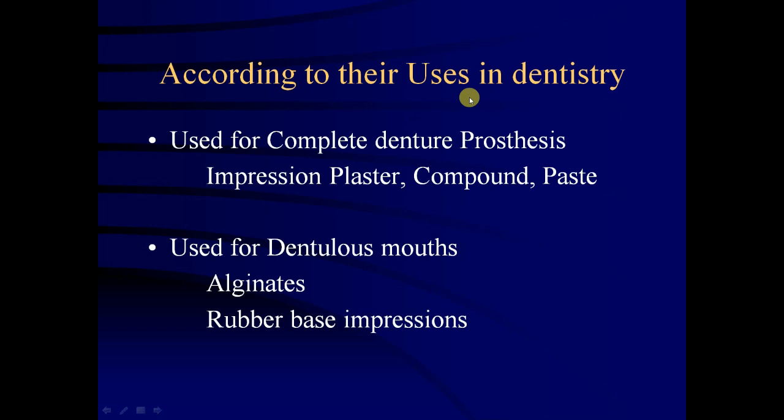According to the use in dentistry, for the complete denture prosthesis, impression plaster, compound impression and the paste are used. For the dentulous mouths, alginate impression materials and rubber-based impression materials are used. And for the complete denture, impression plaster, compound impression material, and the paste, two-form paste or liquids are used.